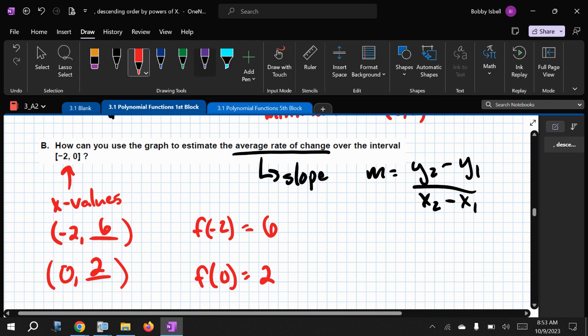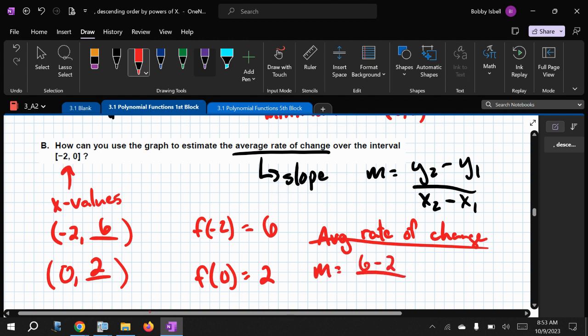And we're just going to find the slope of the line that would connect those two dots. So the average rate of change is the slope. So I'm going to do 6 minus 2 over 0 minus -2. 4 over 2, which is 2. So the average rate of change is +2.